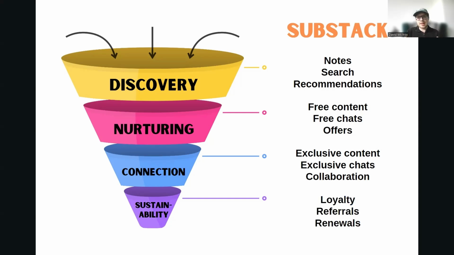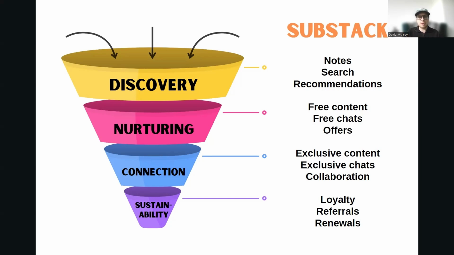So that's essentially it. That is an incredibly basic but workable Substack growth funnel that you can use for your publication. This is exactly what I use for mine. This is what works a treat at the minute.